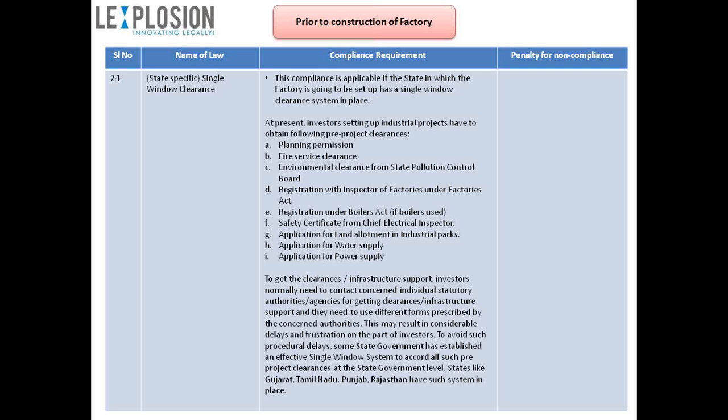The Factories Act. Now this is post-construction but pre-production. So we are coming to a situation where the construction is over, but the production has not started. So there are certain compliances that you need to ensure at this stage as well.